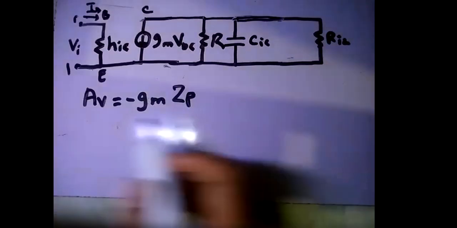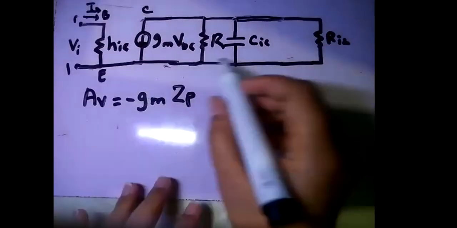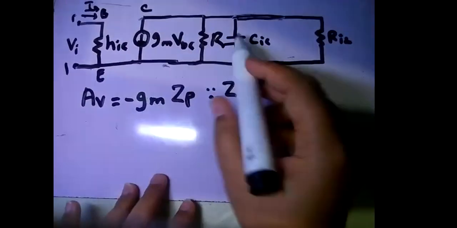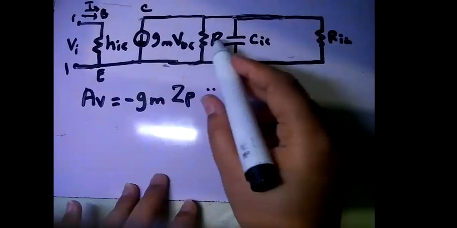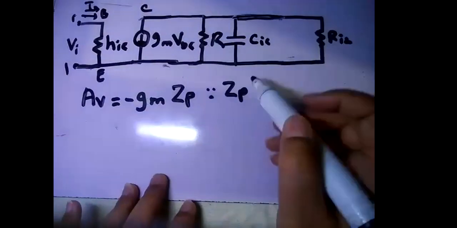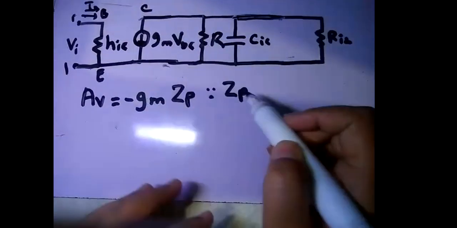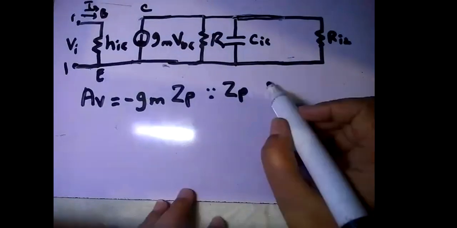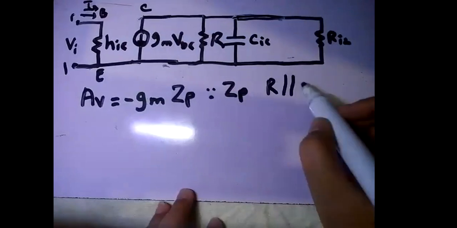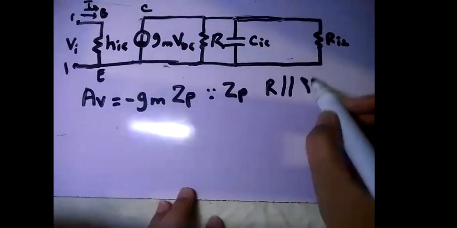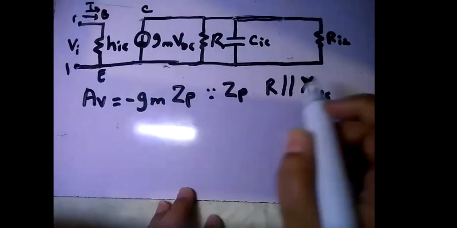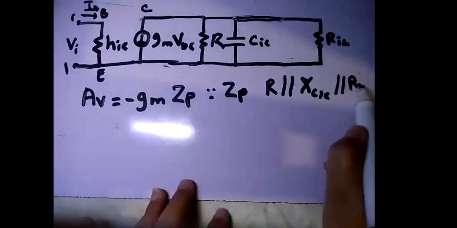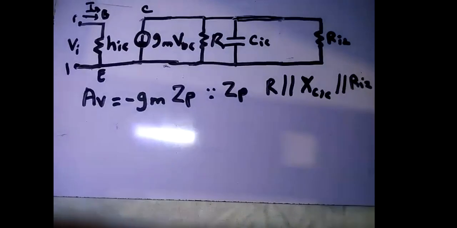Now, here you can see that this impedance has three components. Impedance is the combined effect of all the resistances and the reactances. So we have R, which is parallel to the reactance of the internal capacitance, and it is also parallel to this second resistance RI2.